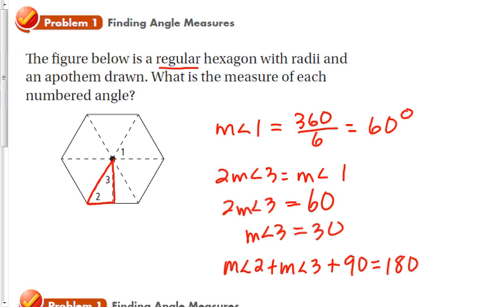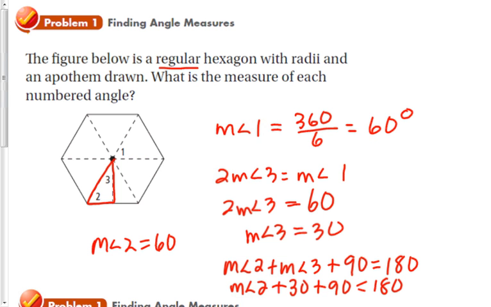And we know that the measure of angle 3 is 30. And so the measure of angle 2 is equal to 180 minus 120, which is 60. All right, go ahead and you try that on the next one.